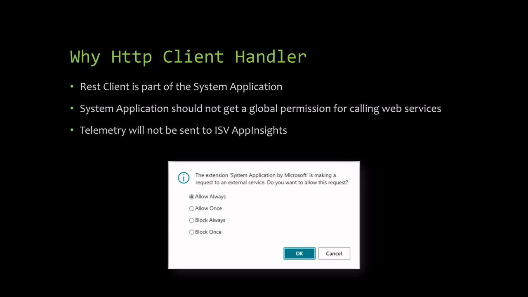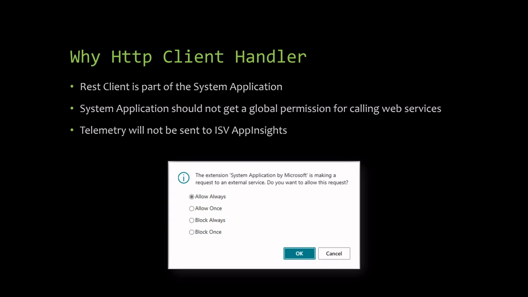So how do we get around that? Well, that is the first thing that I had to deal with. The other thing is telemetry. If you are using the system application for making the external requests, the telemetry that is related to outgoing requests is not going to your app insights. It's going to Microsoft's telemetry.